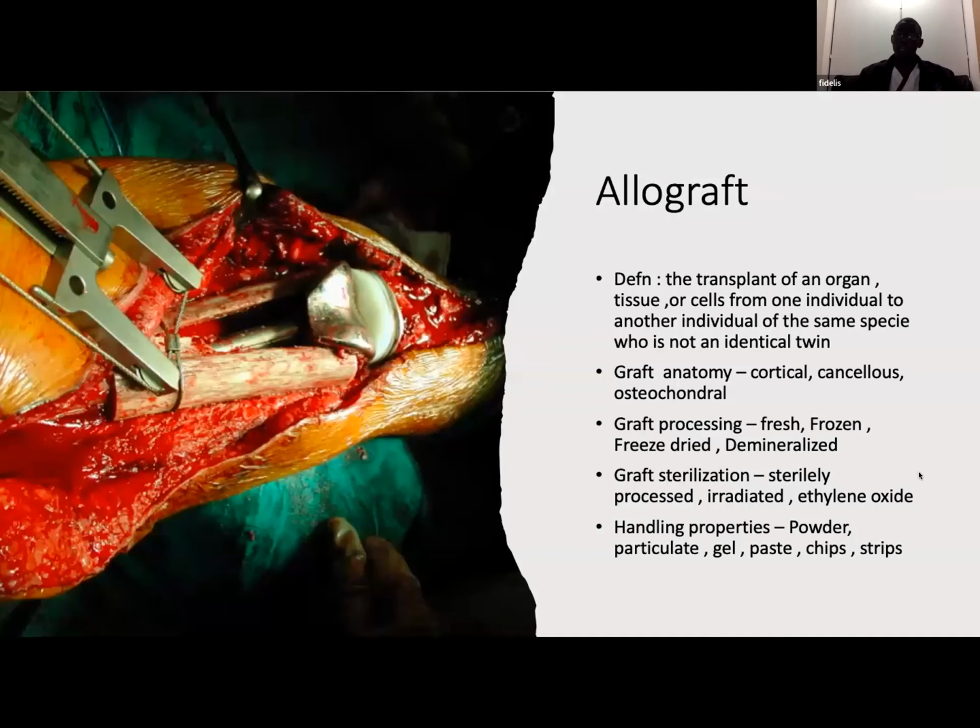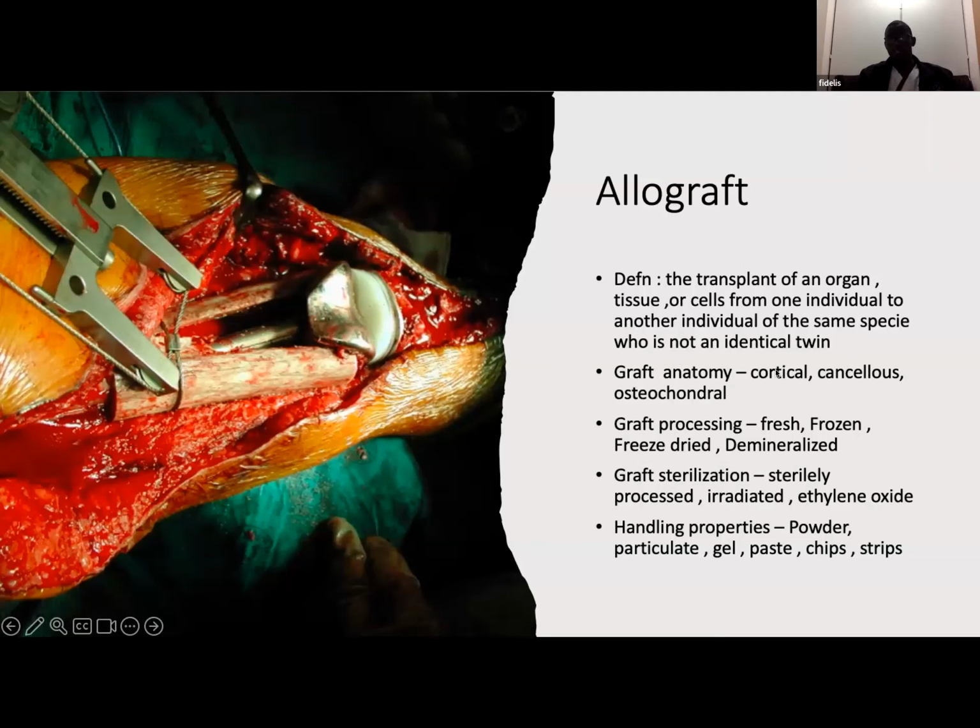And then going to allograft. By definition, and I got this definition from a WHO website, it's basically a transfer of organ, tissue or cells from one individual to another of the same species, but not necessarily identical twins. But in this case, of course, we're talking about bone. It comes in different forms.